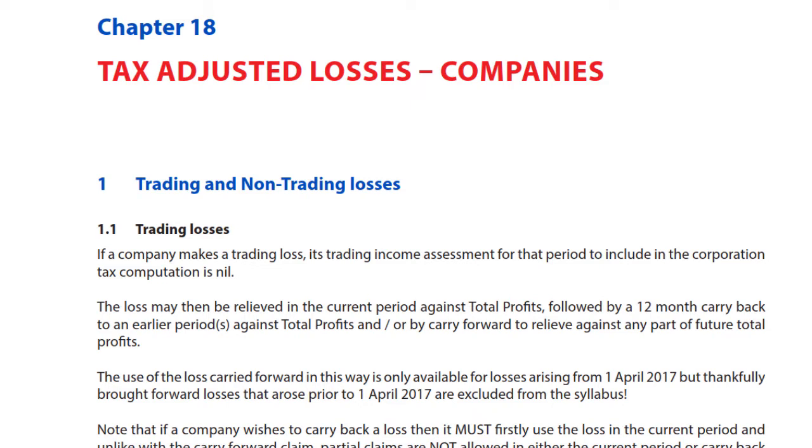Big difference now when we come to deal with corporation tax and we're looking at chargeable accounting periods. If you want to carry the loss back to an earlier chargeable accounting period, then you must firstly make a current period claim.